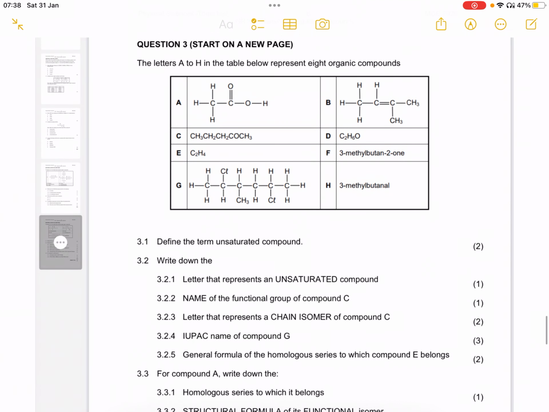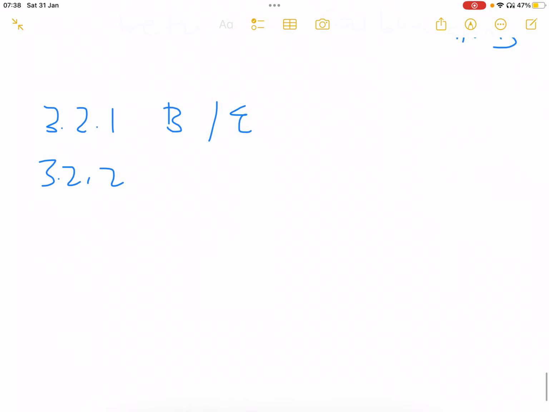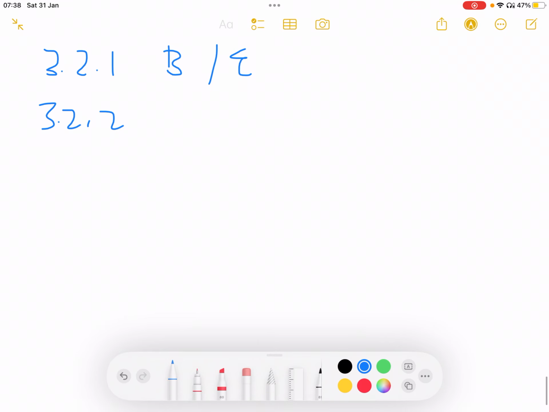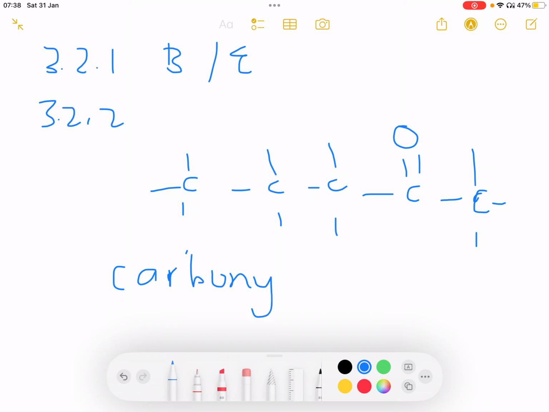Then we'll have to draw just a skeleton of compound C in order to see the functional group. So I'm seeing a CH3 and a CH2 and a CH2 and CO and a CH3. Okay, that would be a carbonyl group because they wanted the name of the functional group.